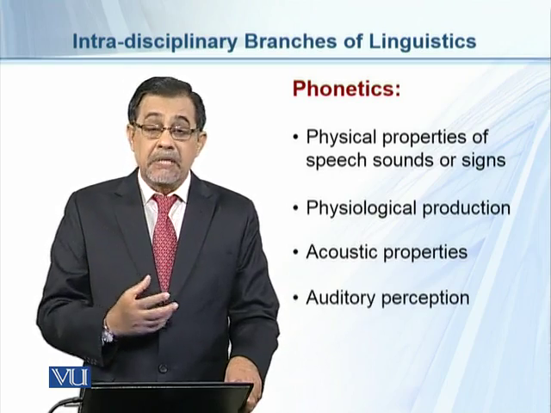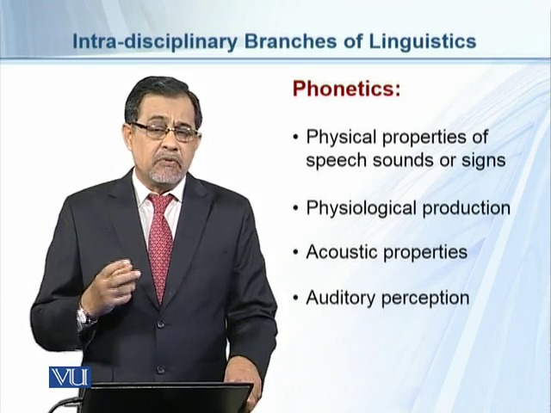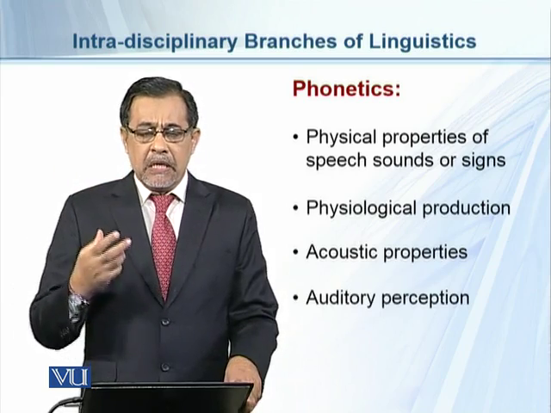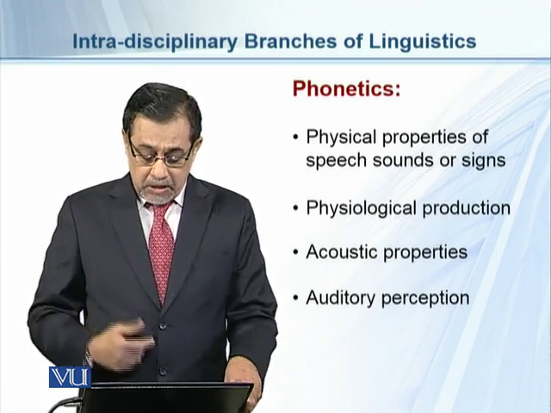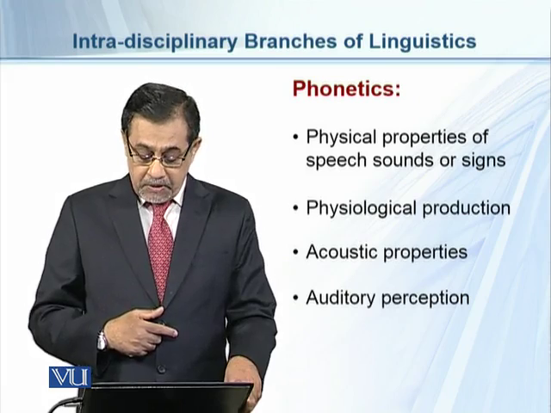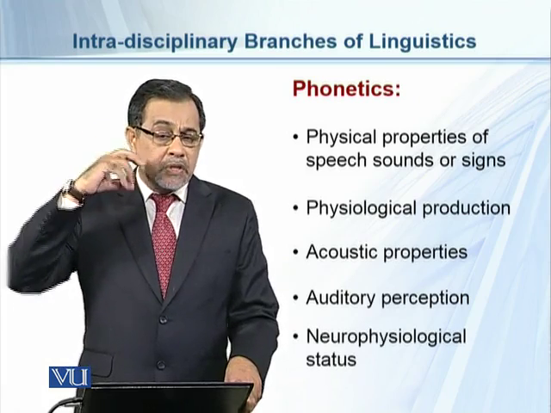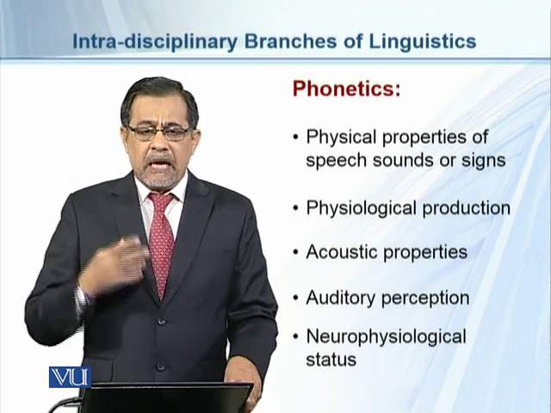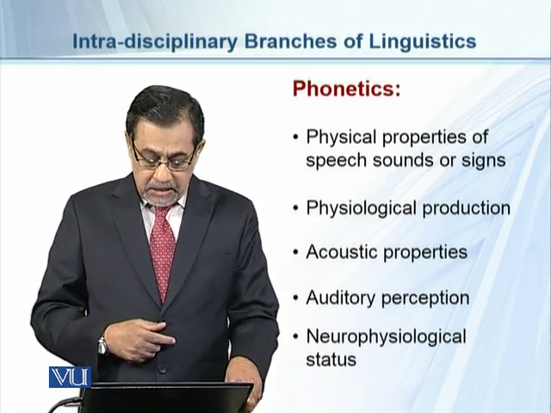And auditory perception, how the listener or the hearer hears the sound. So what are the aspects of the listener in understanding sound? We discuss auditory perception. And neurophysiological status: how the codes go into our brain and what happens, how they are decoded. We discuss this under this heading.